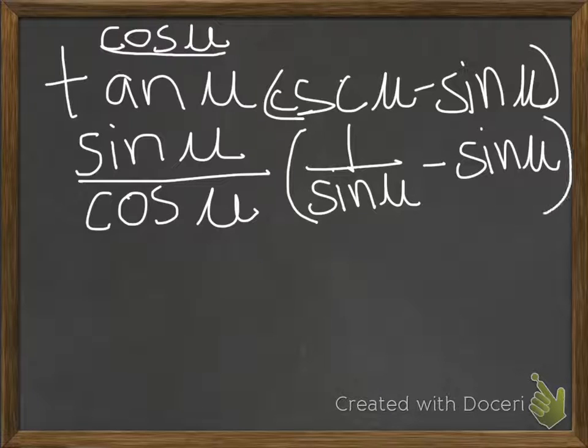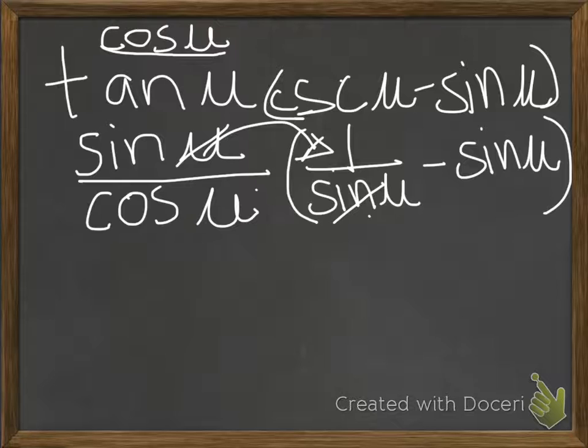Okay, so now that we have it all in cosine and sine form, we're going to distribute, because that's a property rule for this type of problem, just in typical math. If you multiply this term and the first term in the parentheses, you're going to have sines. The sines cancel out, so that's just this first one right here.